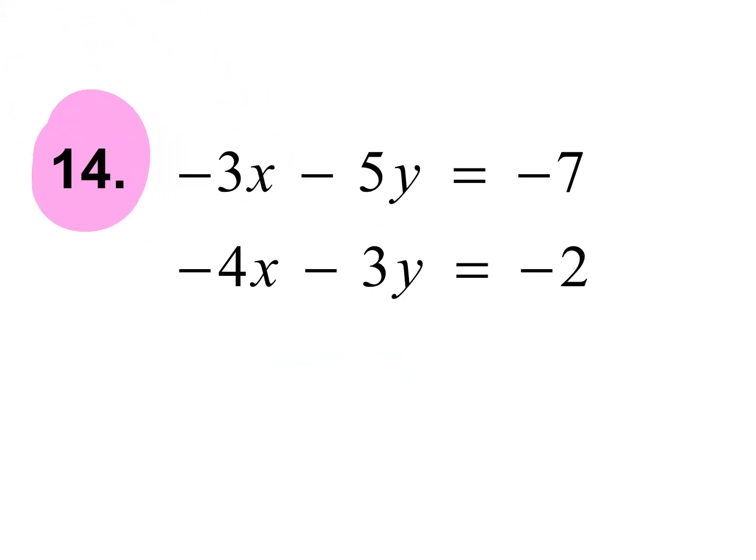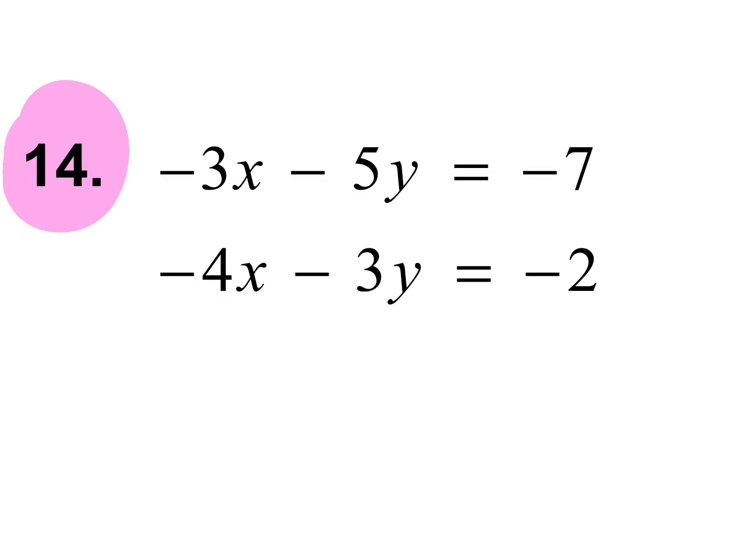14. Which variable do you want to eliminate? Sure. Let's pick the y's. I don't think one's easier than the other here, so let's just pick one. So I need these to be the same number but opposites. How can I do that? What do you think I have to multiply to get them to be the same number?